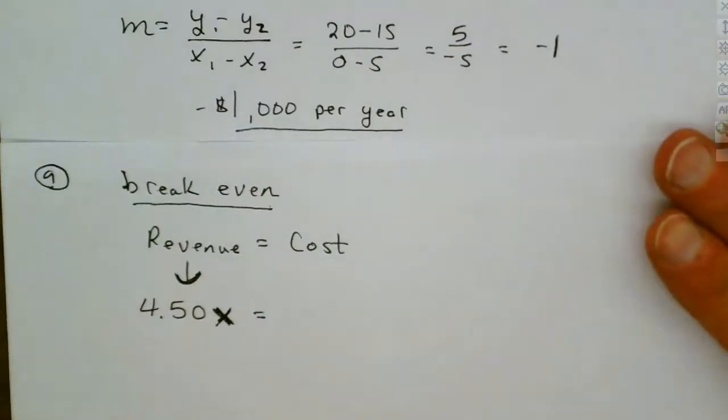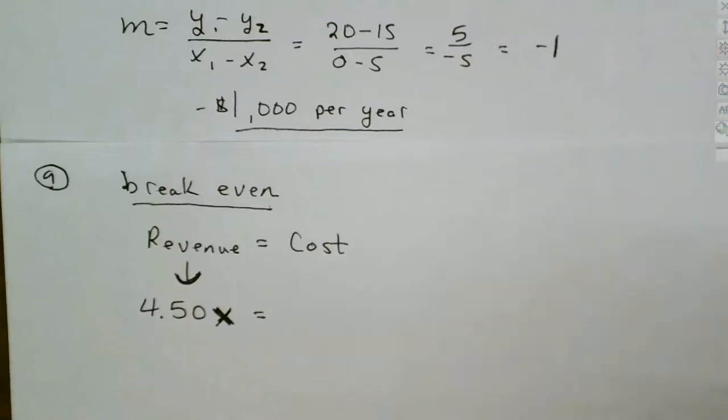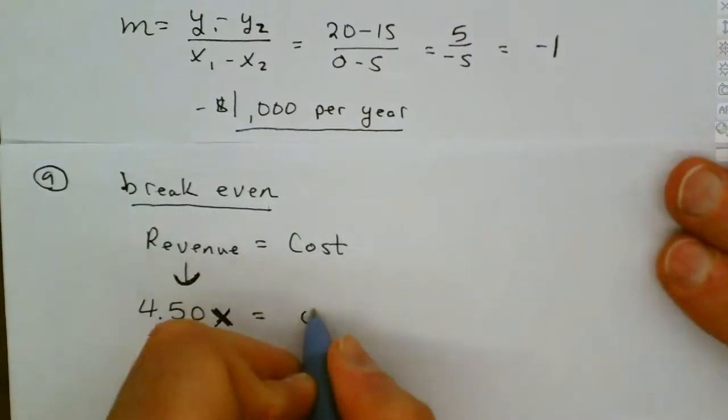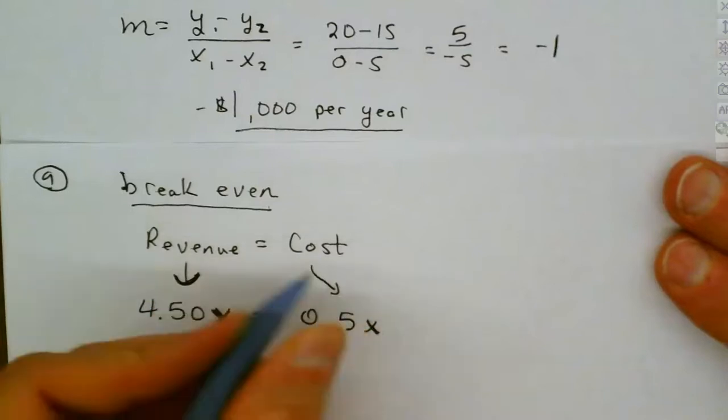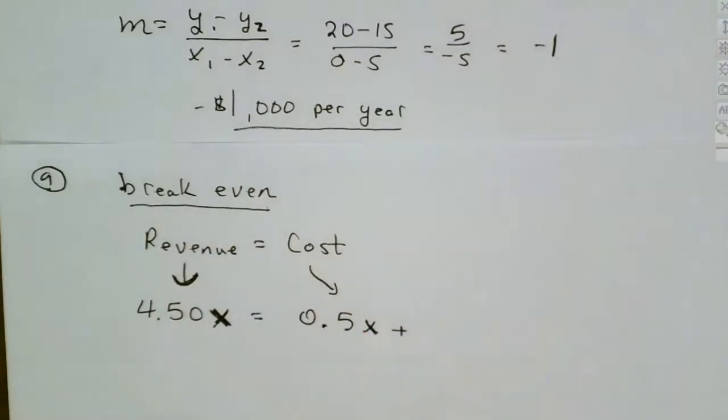Now, what about the cost? How much does it cost to make every handle? We have a variable cost, and so each handle costs 50 cents. So that's 0.5x there. Now, we also have what are called fixed costs. And fixed costs are things that never change. So fixed costs are things like rent on the building, payments on the machine for the company, might be salaries for people.